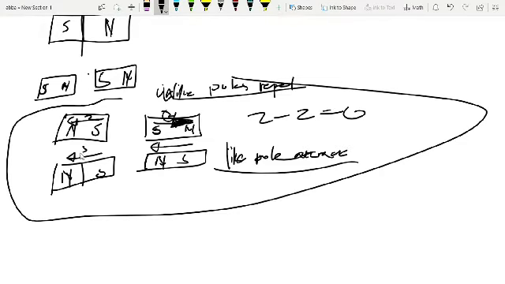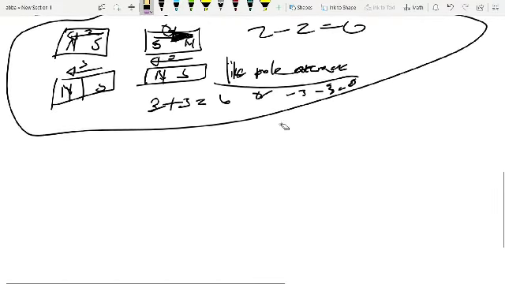Similarly here, if you have 3 and here you have 3, because they're going in the same direction, we say 3 plus 3 equals 6, right? Because they are going in the same direction. The domains, we can take them to be the vector part of the magnets. That's how I want us to understand these diagrams.